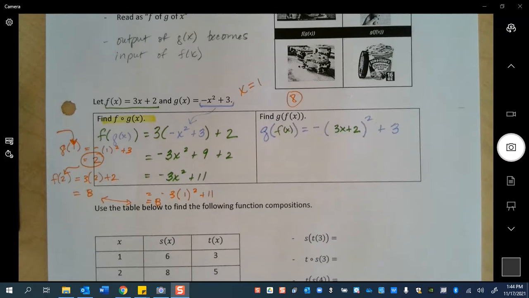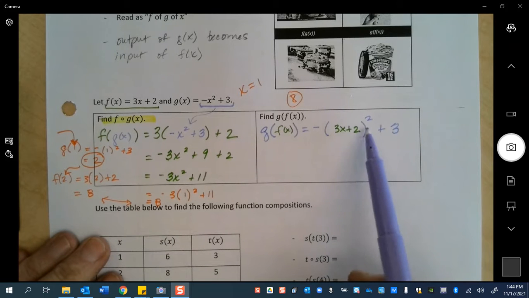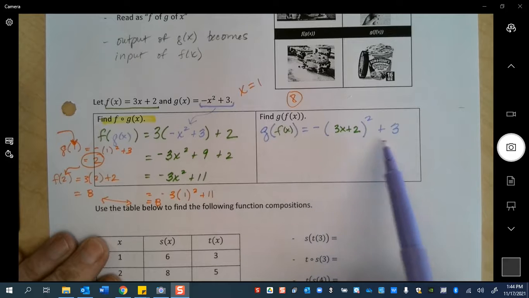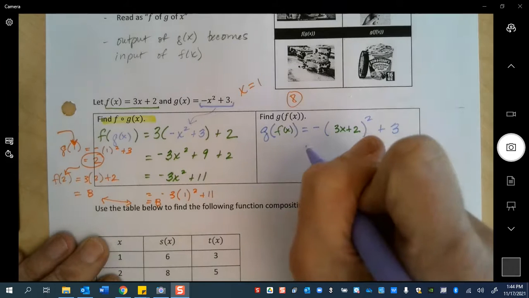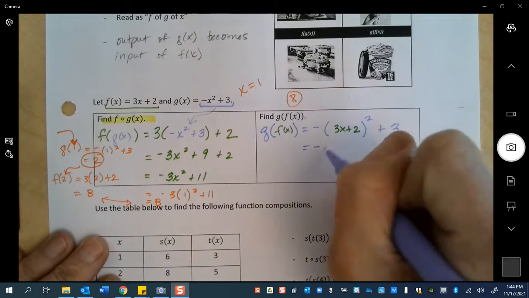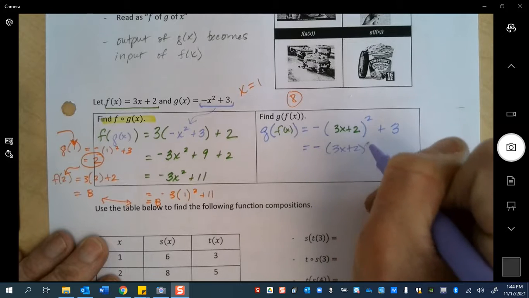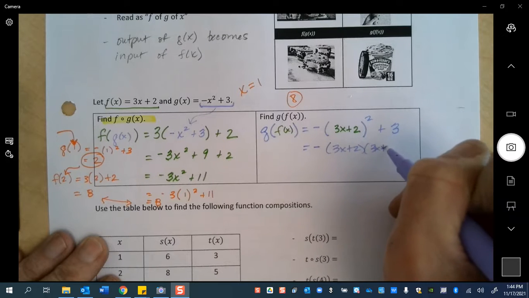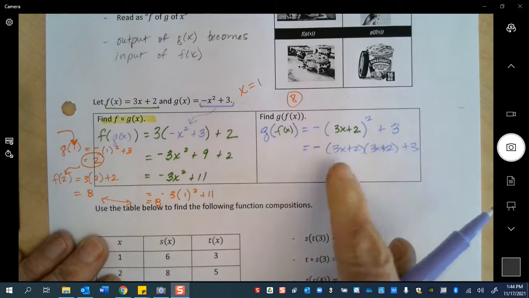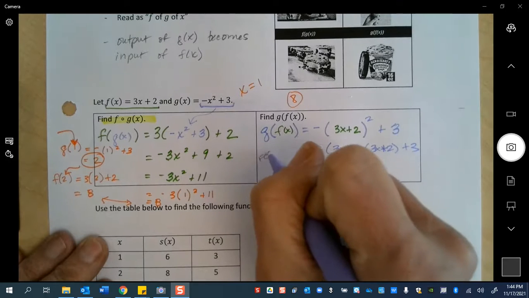All right, so here it is, color-coded. If my g function is my purple function, and if you watched me write this, you can see I left this blank, finished writing my function, and then came back to write it in. Now when it's time to solve, I want the opposite of 3x plus 2 times 3x plus 2 plus 3. Hey, this is binomial multiplication that I need to FOIL.